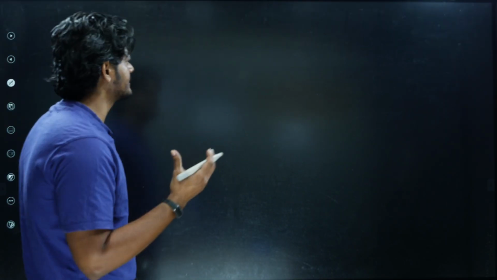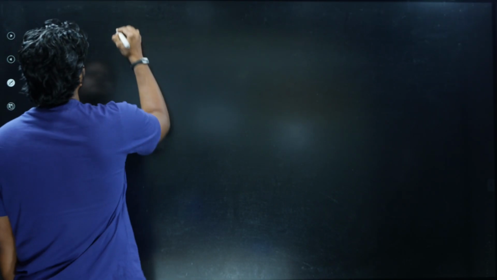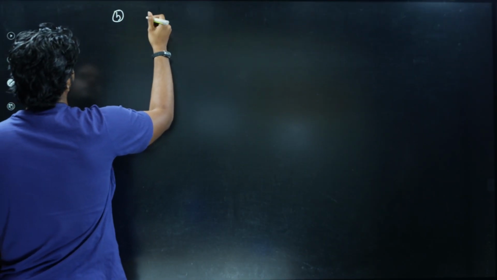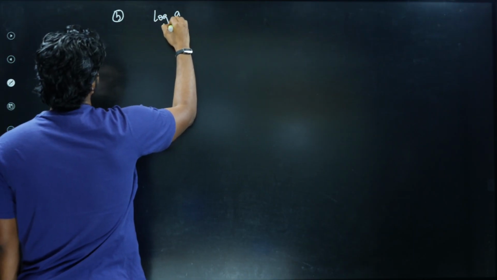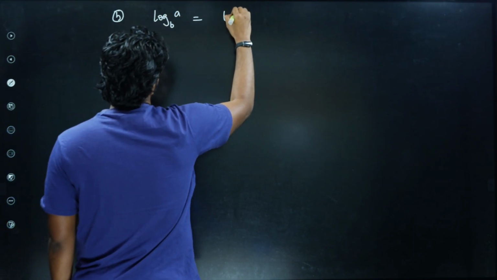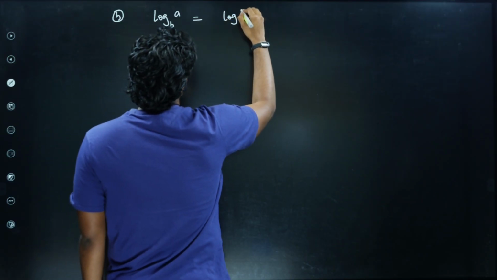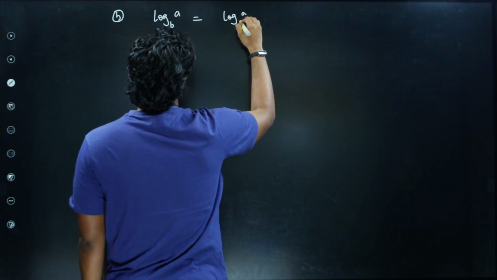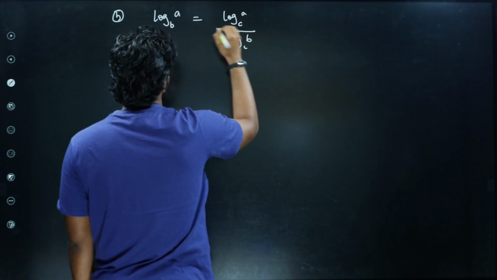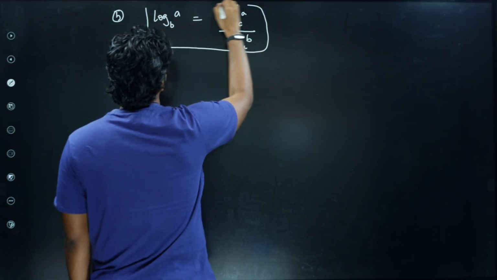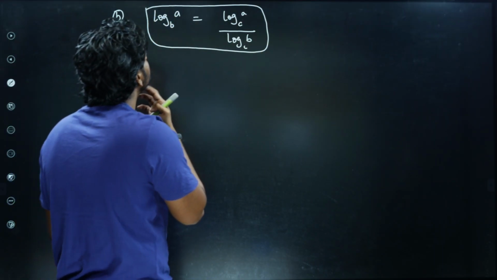There is a base change property, right? So that is one of the very important properties. Log a base b can be written as log a base c by log b base c, right?